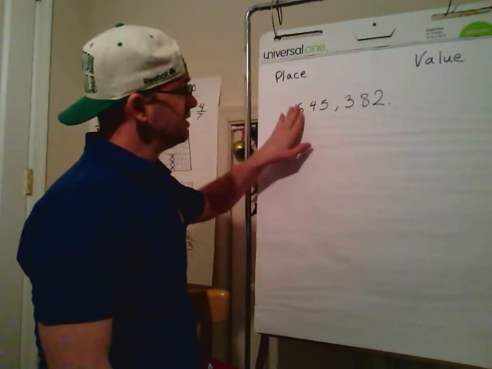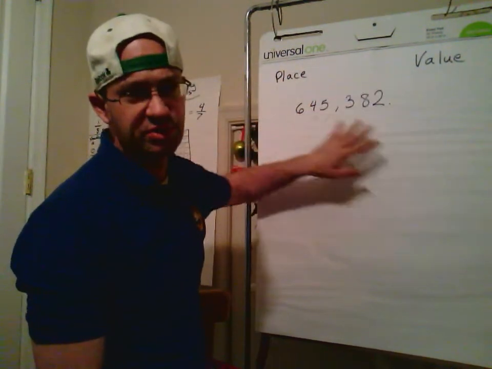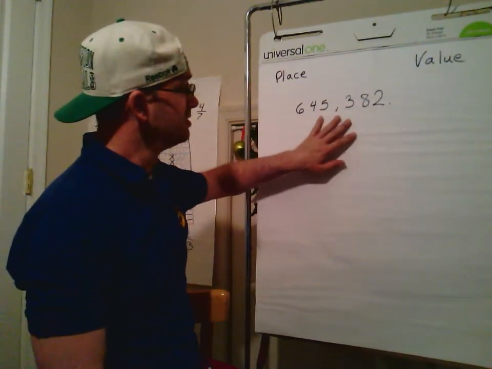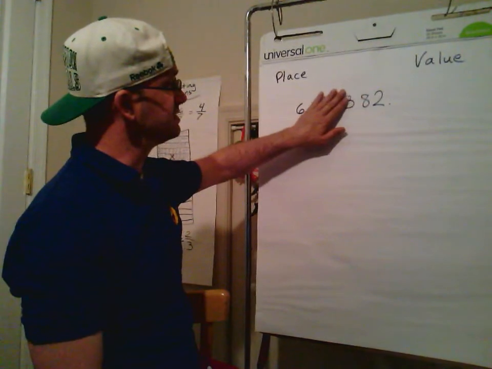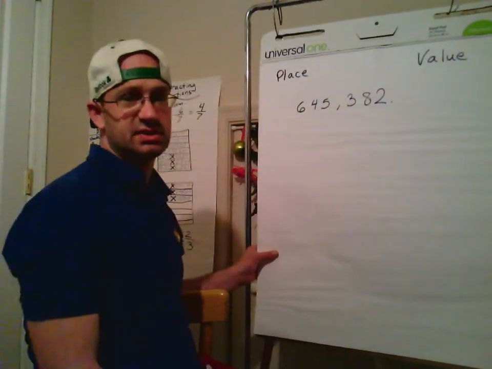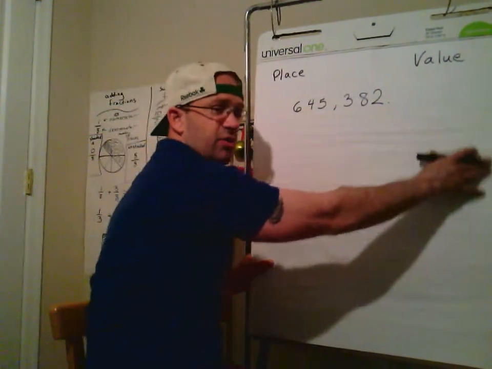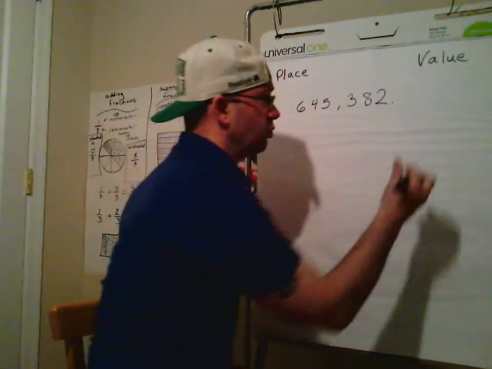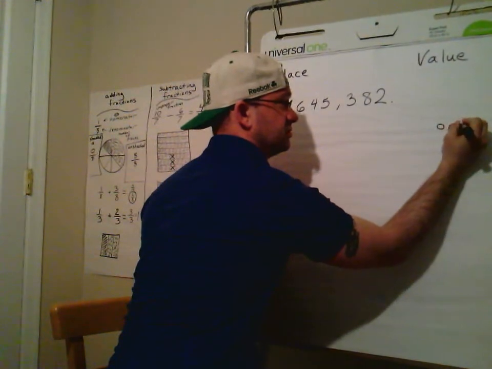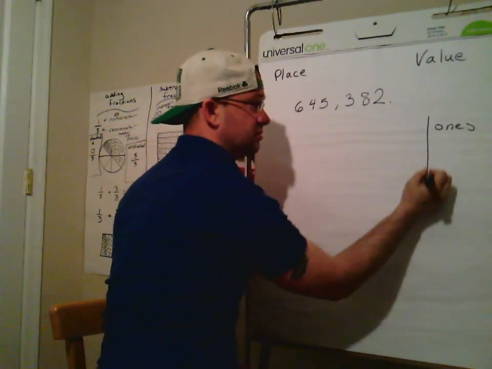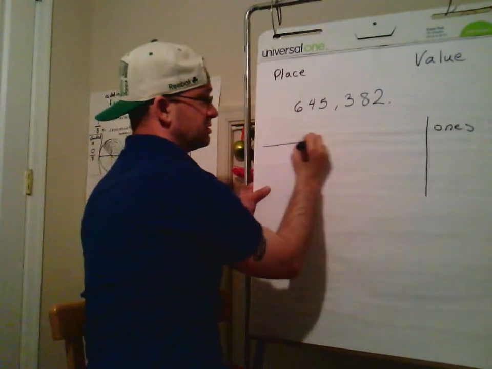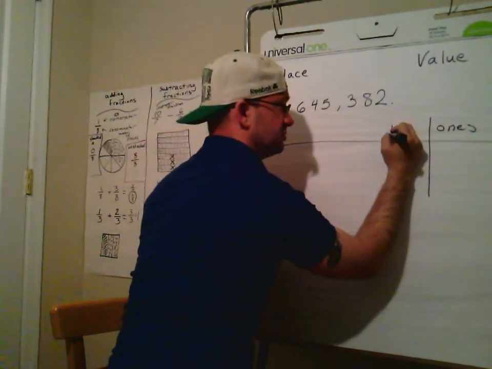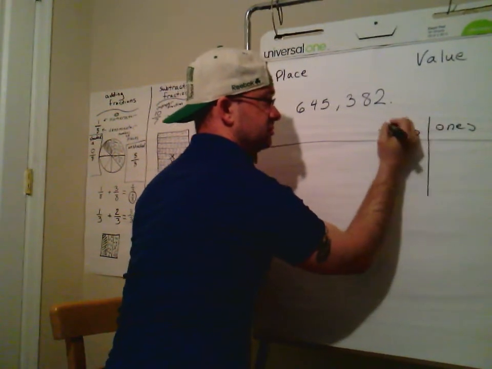Okay. So we're not going to read it. You can read this number if you choose to, but I'm not going to read this number out loud at the moment. We're going to look at what place each one of these digits is in. Over here on our right side, we're going to start with the ones place. Then we have the tens.